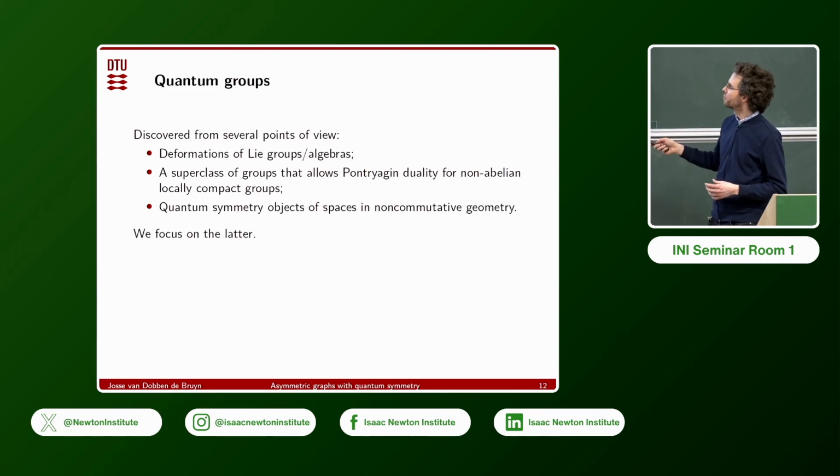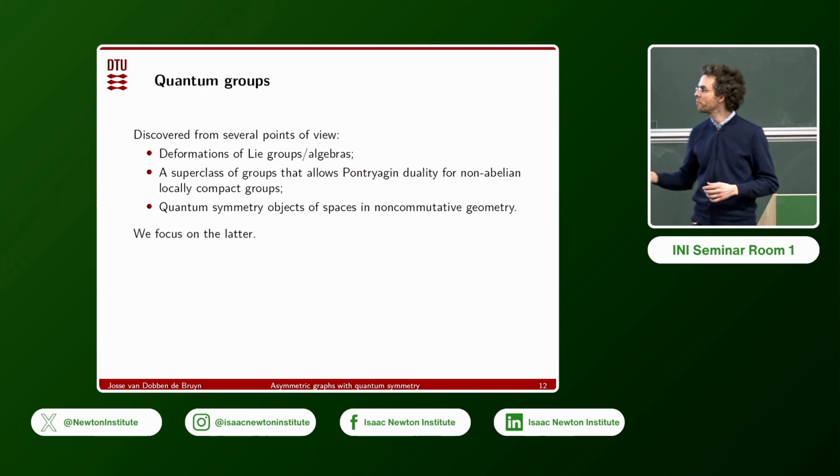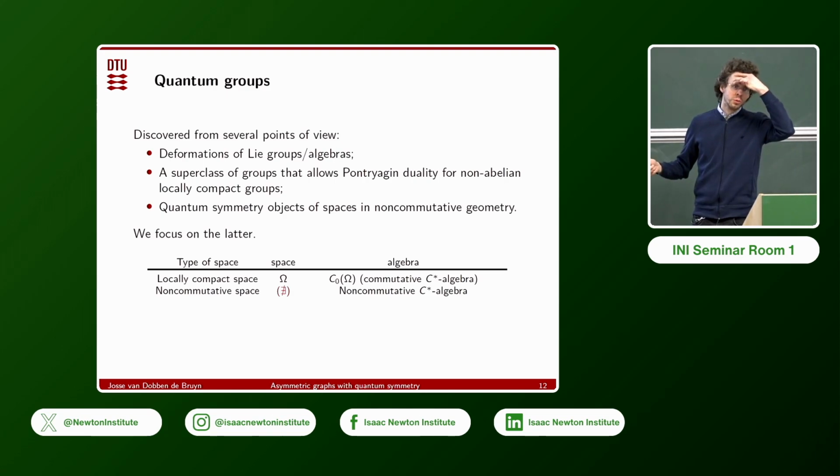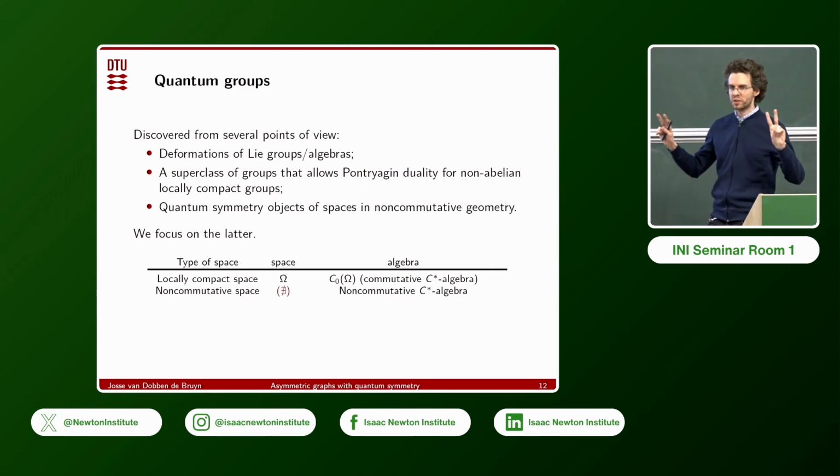So we think of quantum groups here as the quantum symmetries of some graph. In general, in non-commutative geometry, you use Gelfand duality. You note first that by the commutative Gelfand duality, locally compact spaces roughly correspond to commutative C-star algebras.